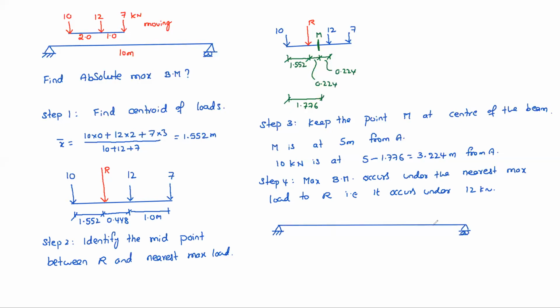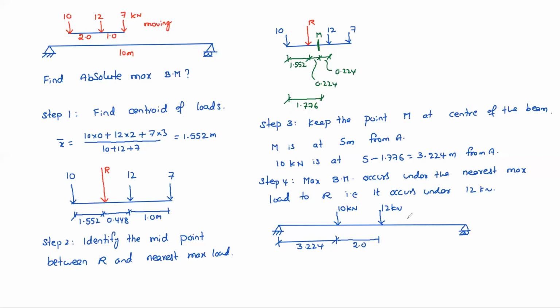See, 10 kilonewtons should be at 3.224, somewhere here. This distance is 3.224. Then 12 is obviously 2 meters from 10 kilonewtons, right? 2 meters.